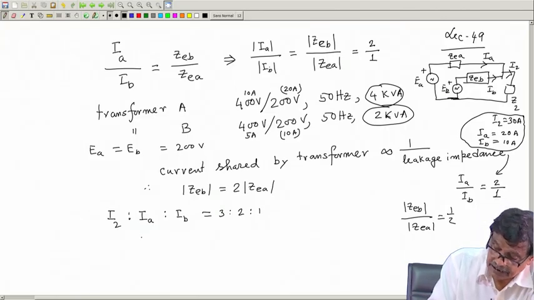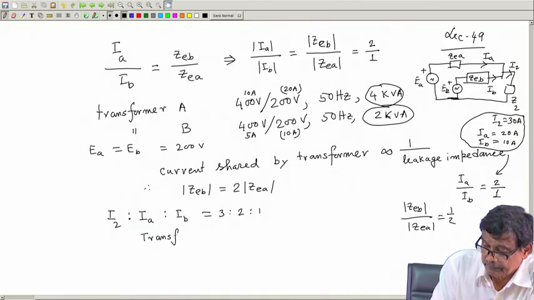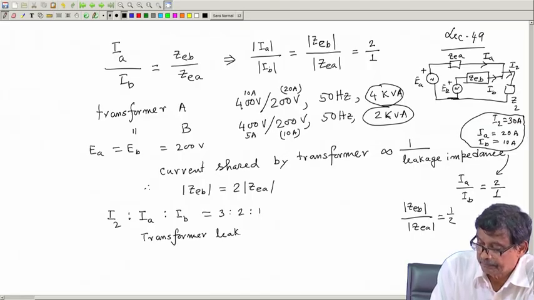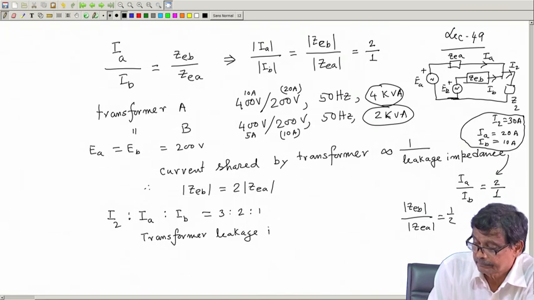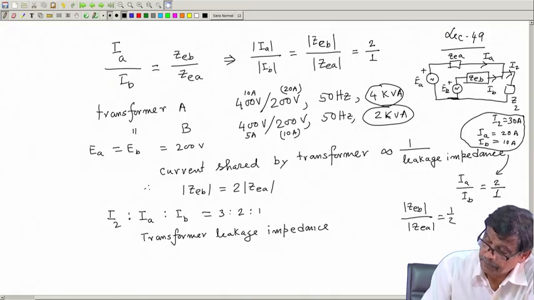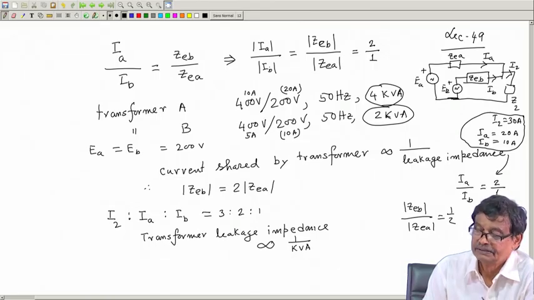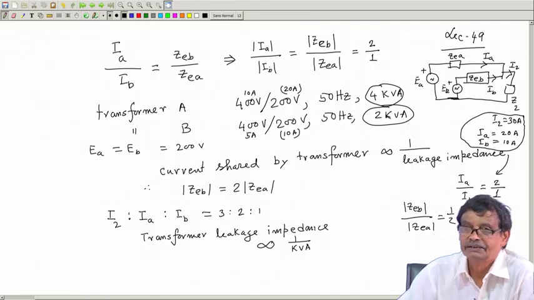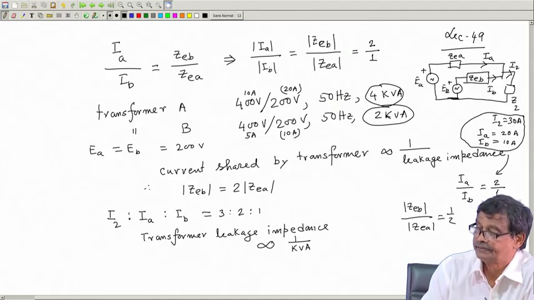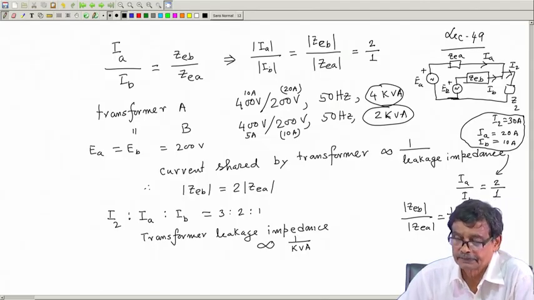So, I must have transformer leakage impedance inversely proportional to their kVAs. Then only you get this nice division of load currents.